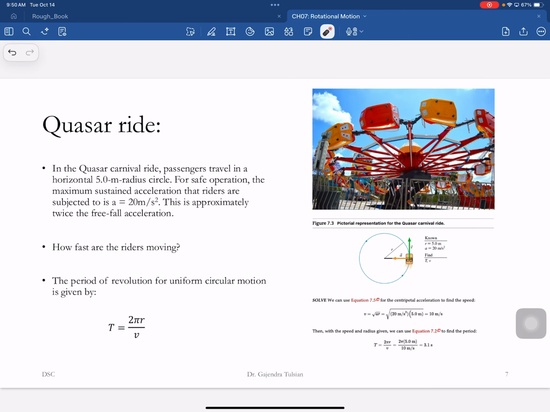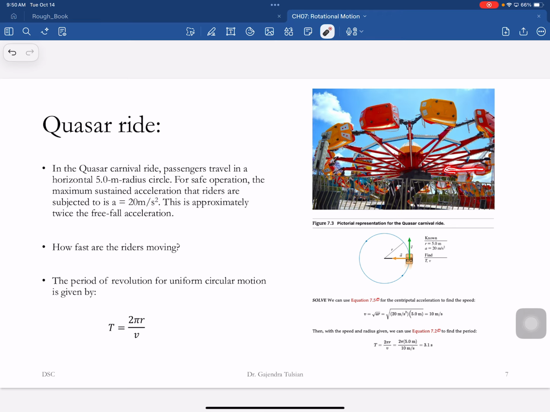So here's a quasar carnival ride. When the ride first starts, this pod is horizontal and pointing down. You get in, and then as it gets faster and faster, the pod gets vertical. In these rides, you can experience centripetal acceleration as great as 20 meters per second squared.